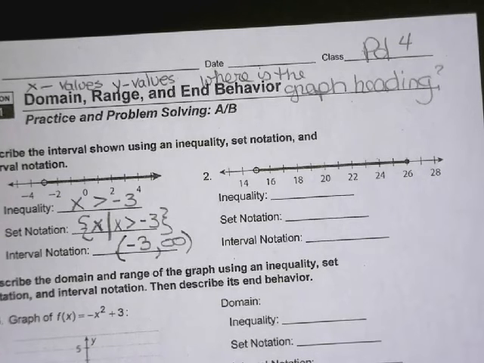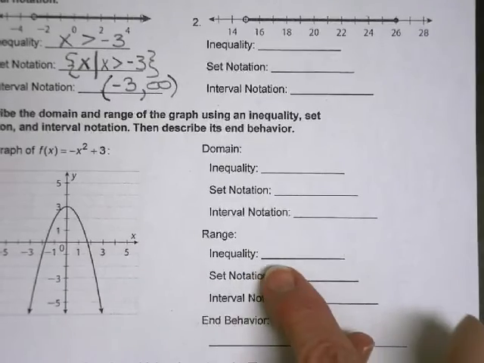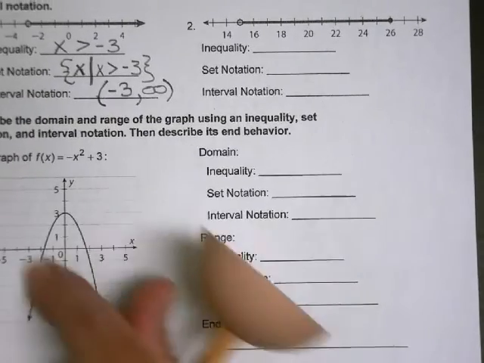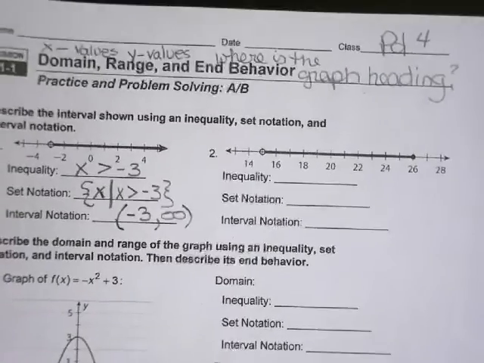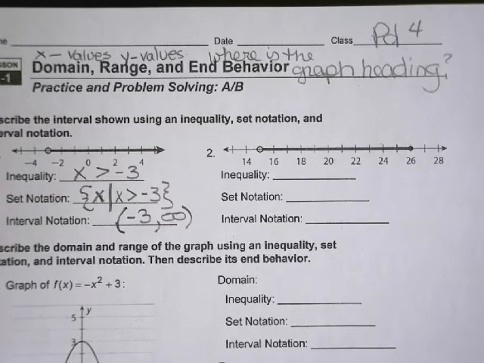So if you were going to write the range with set notation, you'd put a y. Good question. Okay, we haven't done that yet, right? We'll do that down here, because this guy's two-dimensional. Good question.